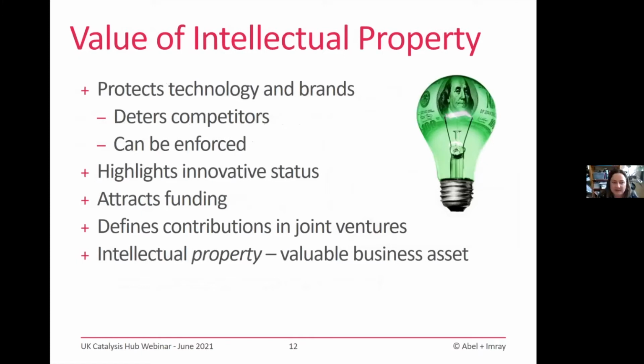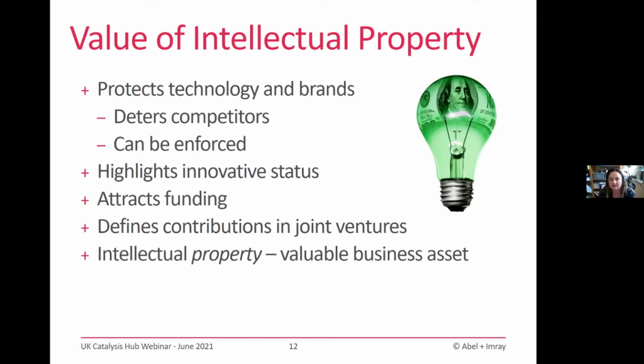Thanks, Tom. So I think now for this part of the talk, we're going to focus quite a bit on the value of intellectual property and how intellectual property can be useful for businesses. And I think the first thing that people probably think about when they think of the value of intellectual property for a business is that it protects the technology and protects brands.